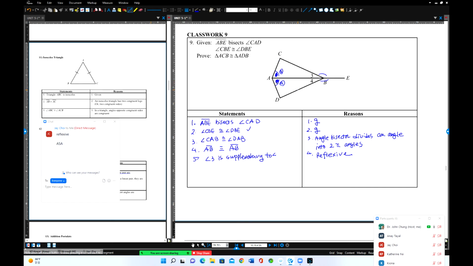In the same way, angle 4 is also supplementary to angle DBE, okay? Why are they supplementary? Angles that form a linear pair are supplementary.